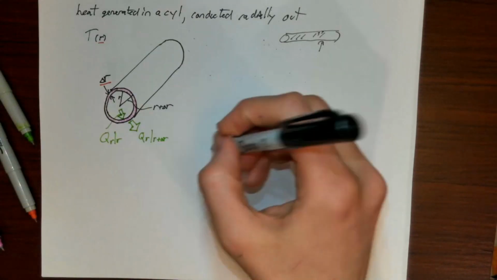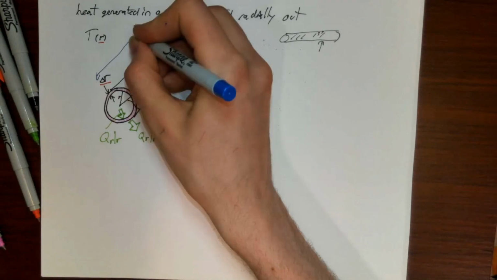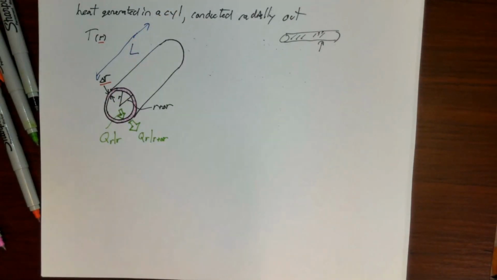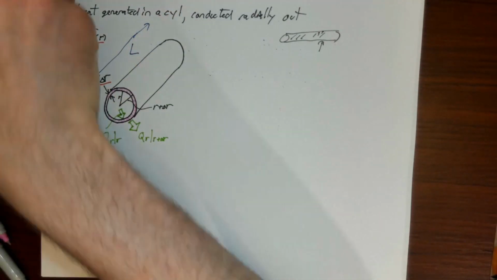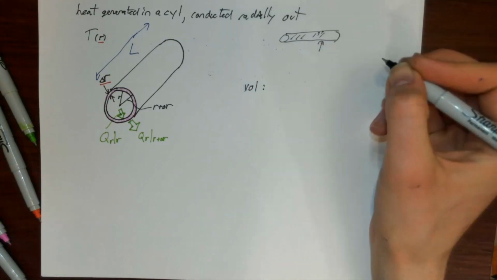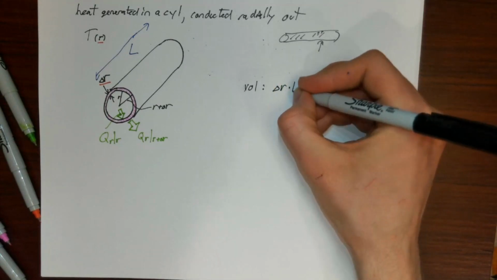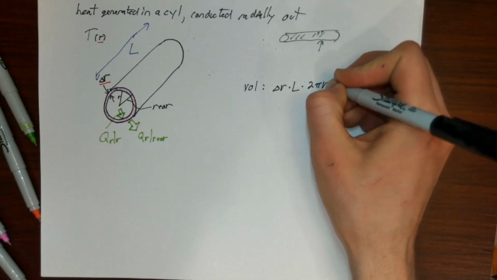So what might be some details of the shell? You might be given some information about what the length of the shell is. What parameters do you care about? You could say the volume of the shell is delta r times L times 2 pi r.